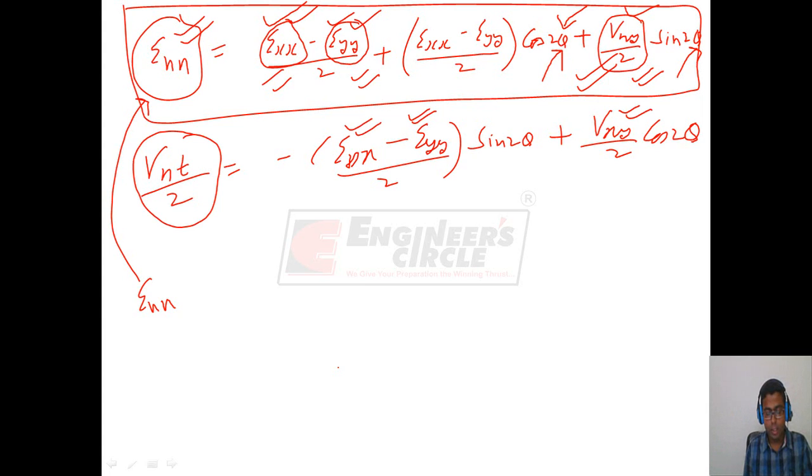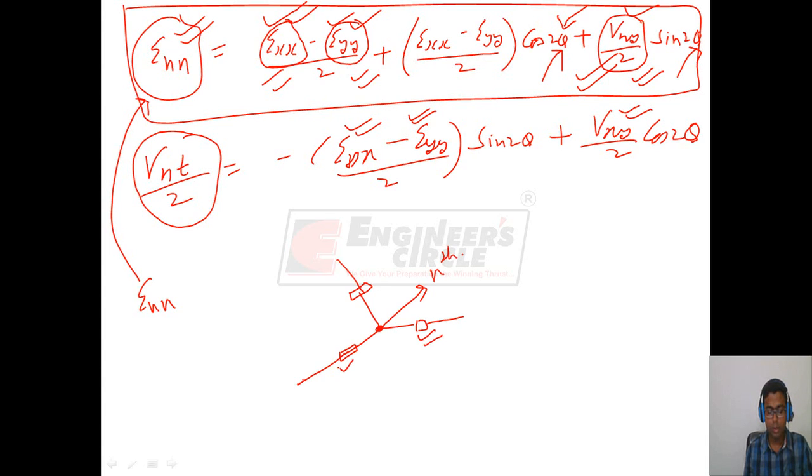Therefore, to completely obtain the strain in any nth direction at this point, we need to install at least 3 strain gauges at this point, one along some direction, one along some direction and the third one along some direction.